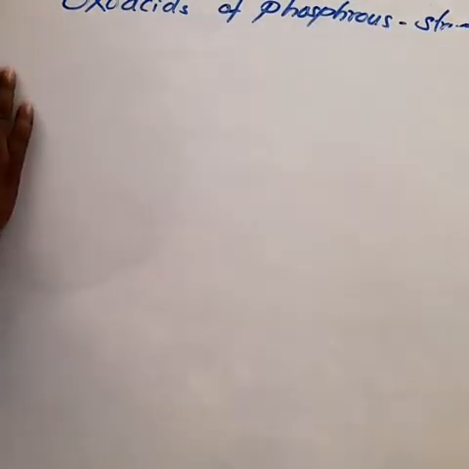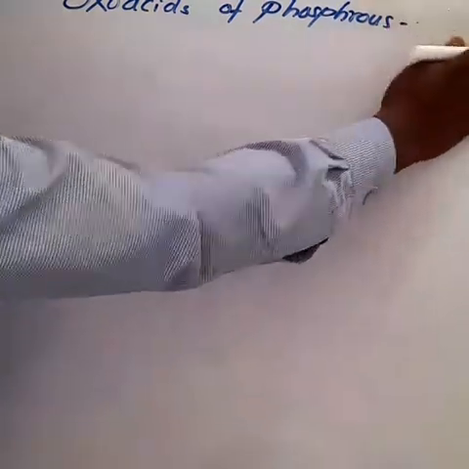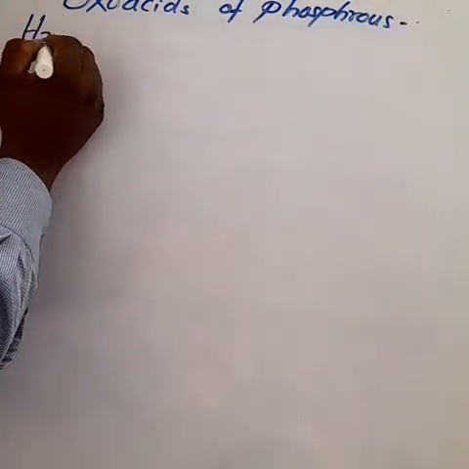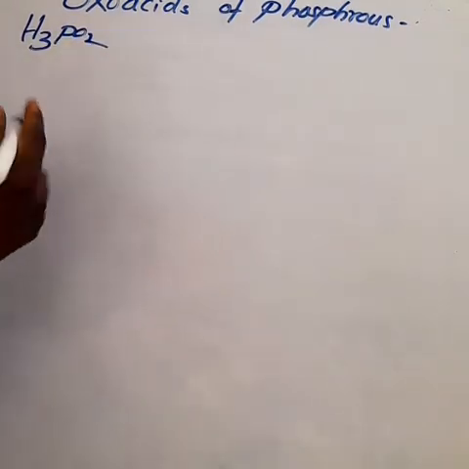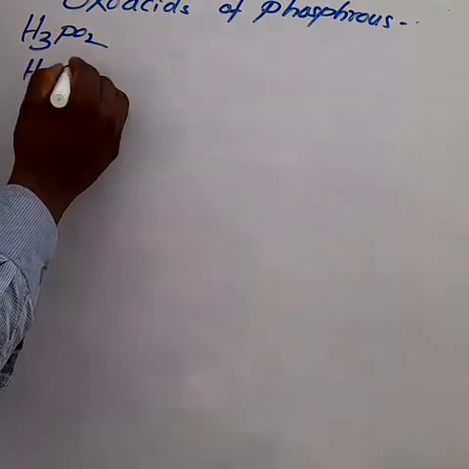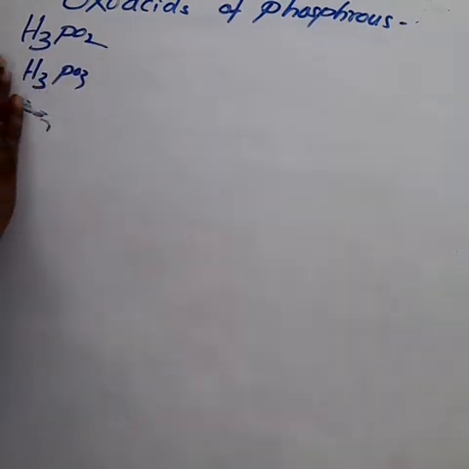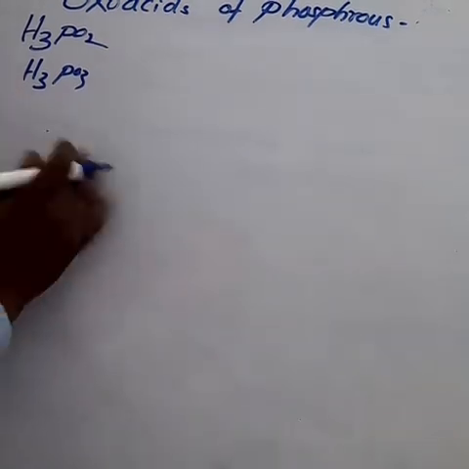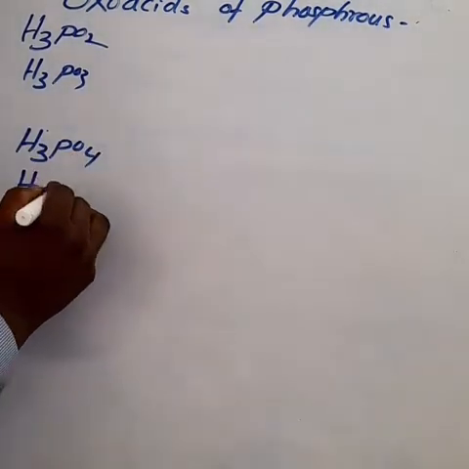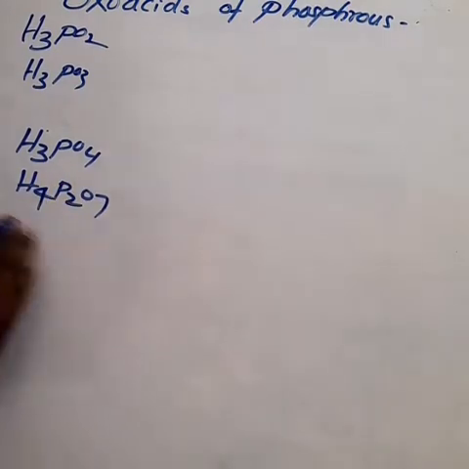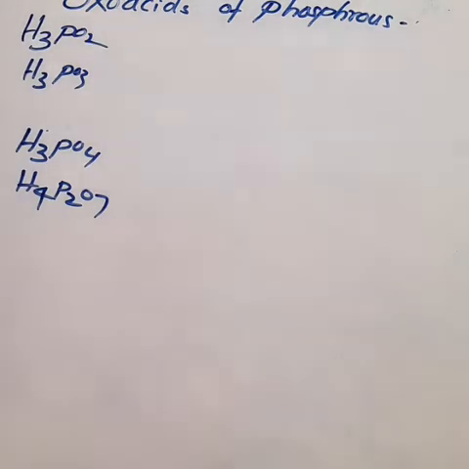What is the hypophosphorus acid formula? H3PO2. Orthophosphorus acid formula, H3PO3. Hypophosphoric acid formula, H4P2O6. Orthophosphoric acid formula, H3PO4. Pyrophosphoric acid formula, H4P2O7. Okay, this structure we are going to learn now.